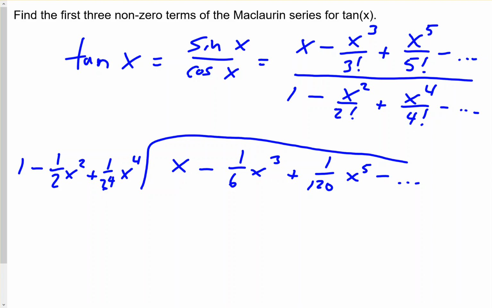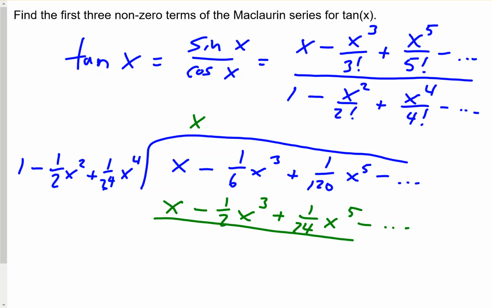Okay, so we have x divided by 1, so we're going to take the leading terms. X divided by 1 will be x, so x times everything here would give us x minus 1/2 x cubed plus 1 over 24 x to the 5th, and then subtract.